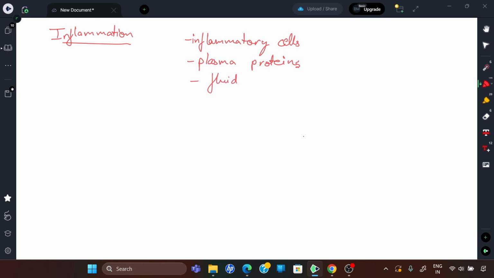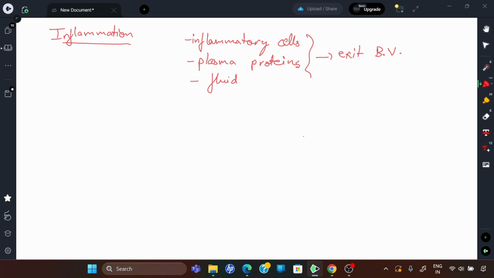You allow these three guys to exit the blood vessel. They exit the blood vessel and then they reach the site where action is required within the interstitial space, right? Now, this was the basic overview of inflammation.